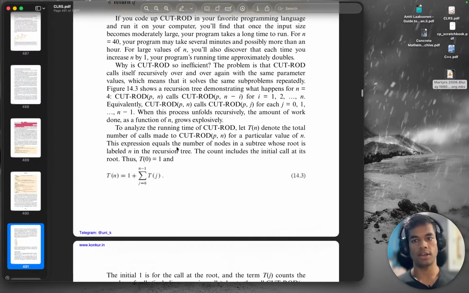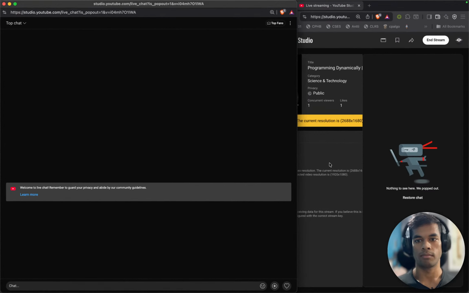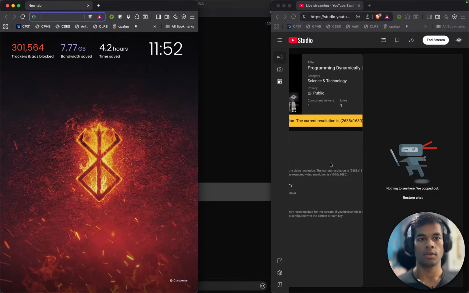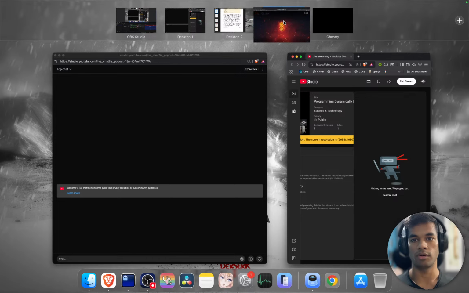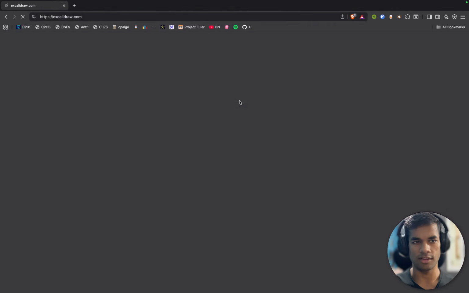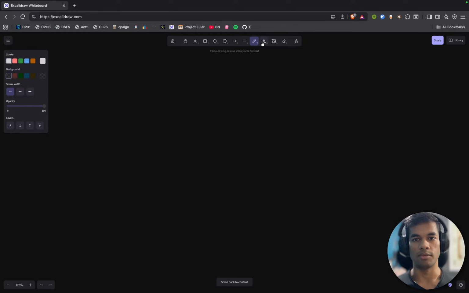And they stated 4 steps to find a solution to a problem using dynamic programming, which we read yesterday in the book.